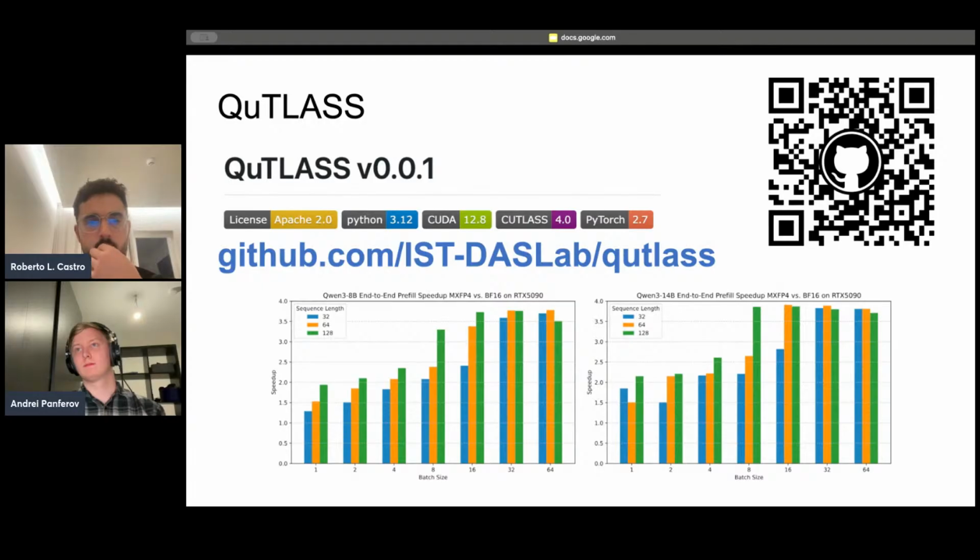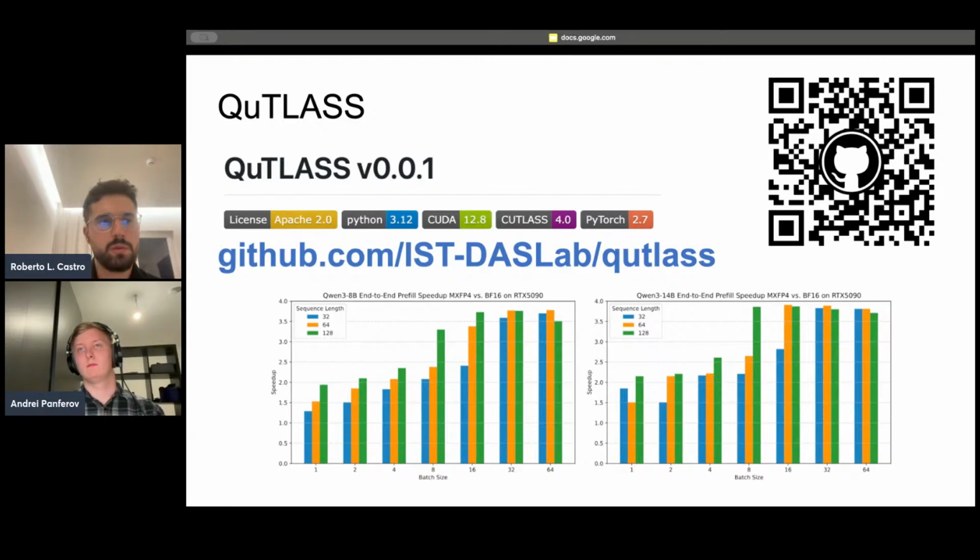So one thing that I wanted to refer to here is this Qtlas library that we published like 1 month ago or something like that. This is the repo that is going to contain all the kernels related to Quartet and also quantization related projects that we have for these micro-scaling formats.